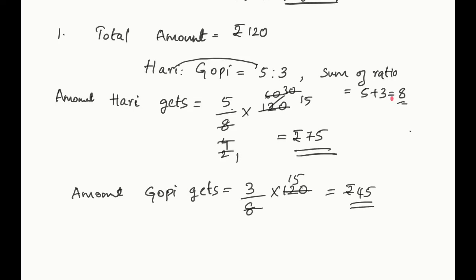So we clearly got how to divide the given quantity using the given ratio. From the total amount 120, we found out that Hari gets rupees 75 and Gopi gets rupees 45. Is it clear to you all?